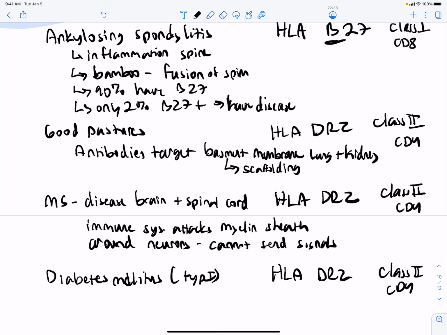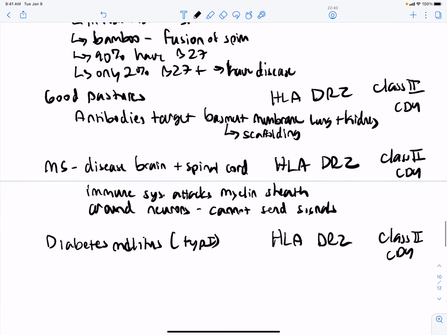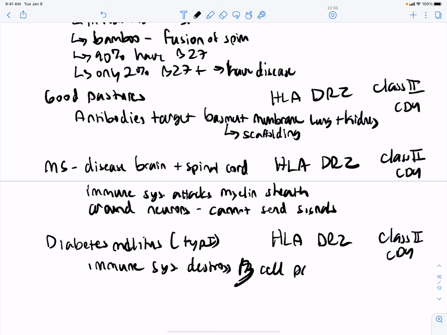And your immune system destroys the beta cells of your pancreas. And of course, the beta cells are insulin-producing cells. And so you can't produce insulin. So that's why it's called insulin-dependent.